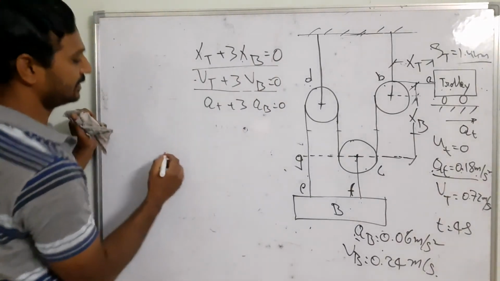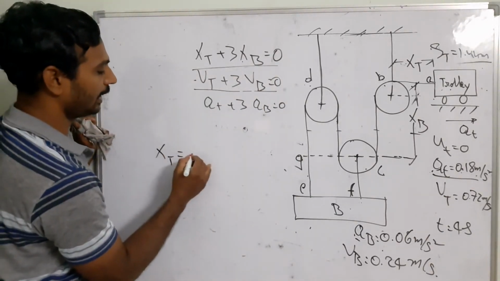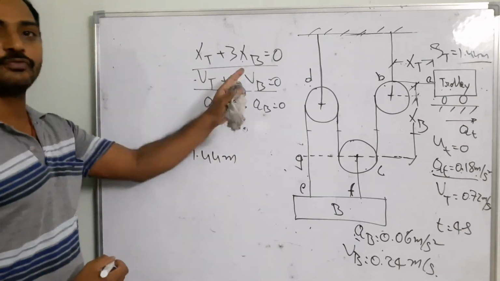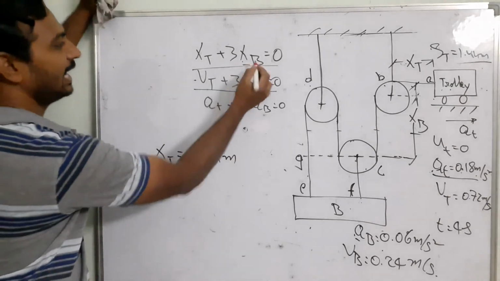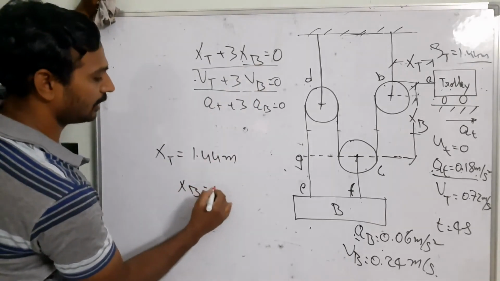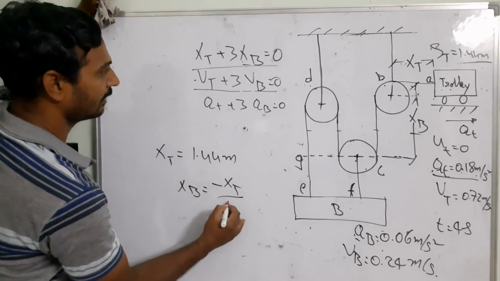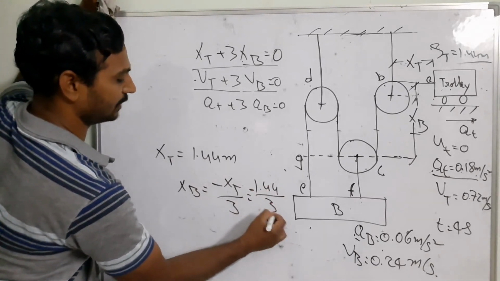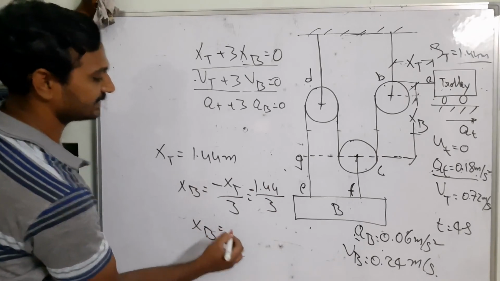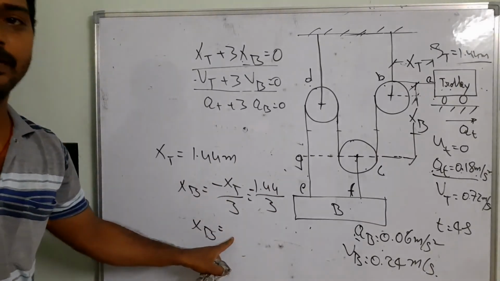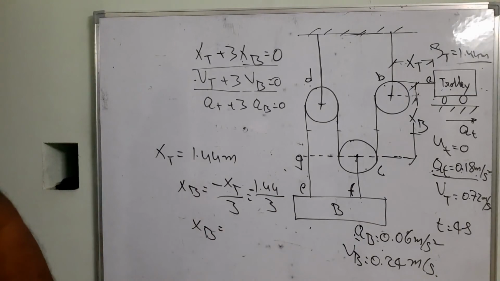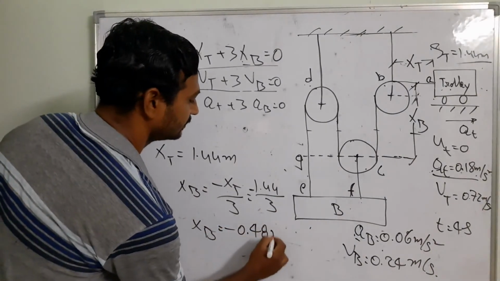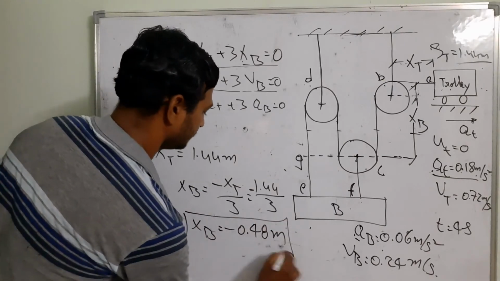In this equation, x_t is, already I got it, around 1.44 meters it has moved after a time of 4 seconds. x_b, what is the formula? x_b = -x_t/3, so 1.44 divided by minus 3. That means x_b, what is the value for this part? That is equal to minus 0.48 meters. I can get it. Can you see?